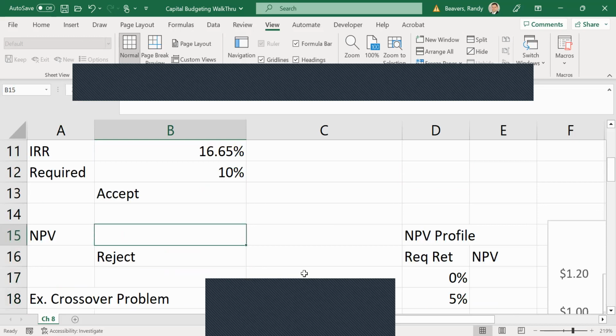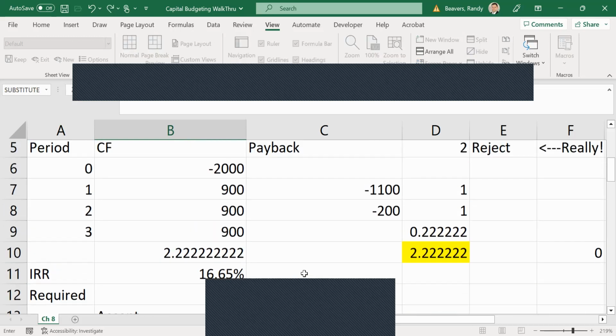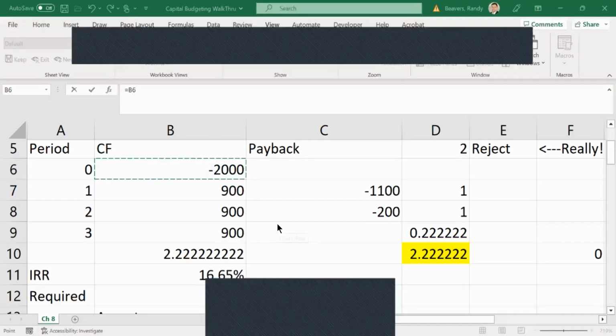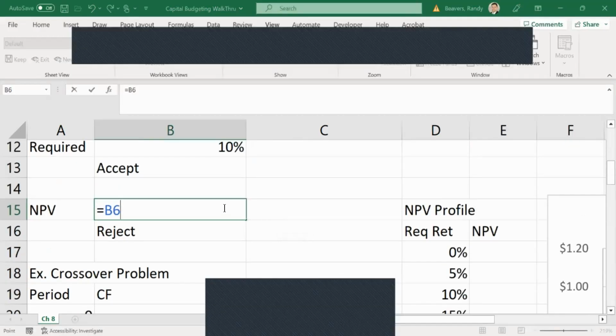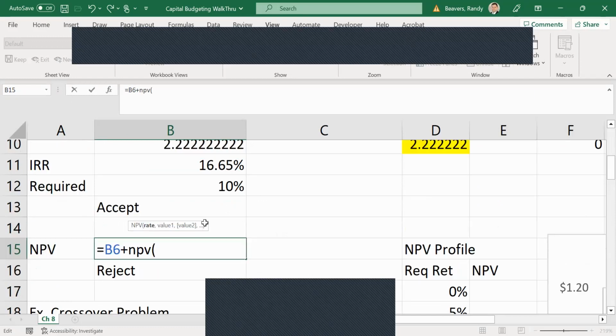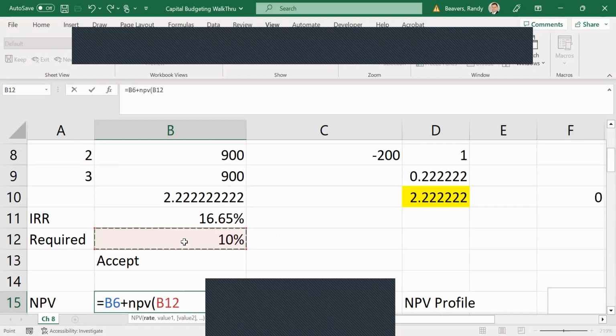Turning to net present value, first, we have to do the initial cash outflow on the outside. So equal B6 first, plus then our NPV function. The rate will be 10% from B12.